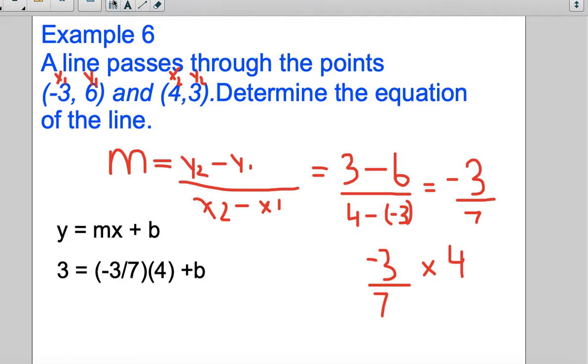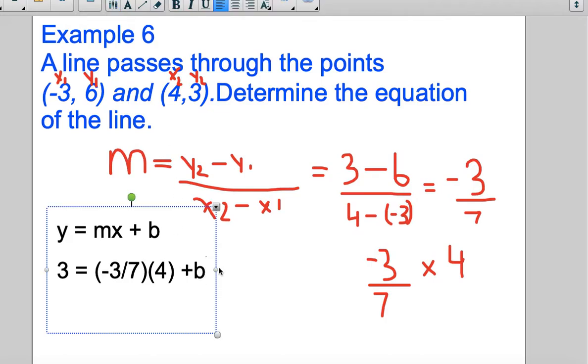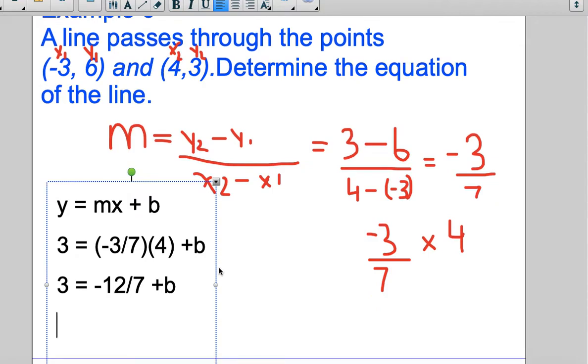So when I come back to writing it here, I'm going to have 3 equals -12/7 plus b. So we're going to move this -12/7 to the other side of the equation and change it to addition. 12/7 is equal to b.